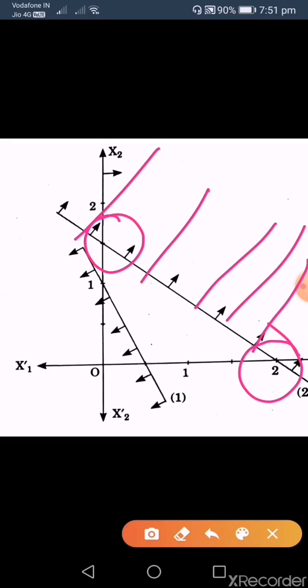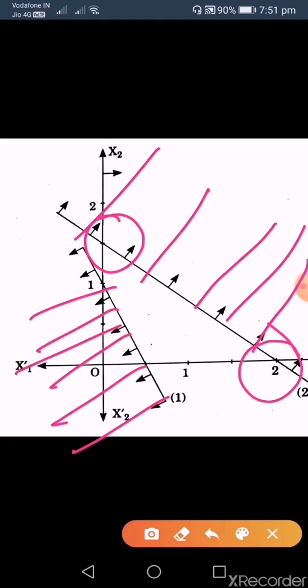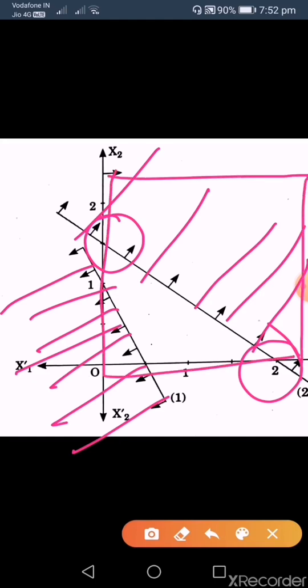And previously we observed for the first constraint, the region it will cover towards origin. And x1 greater than equal to 0, x2 greater than equal to 0 means entire first quadrant. Now you see, you cannot find a common region which will be covered by all the constraints.